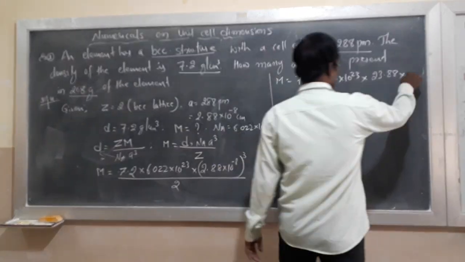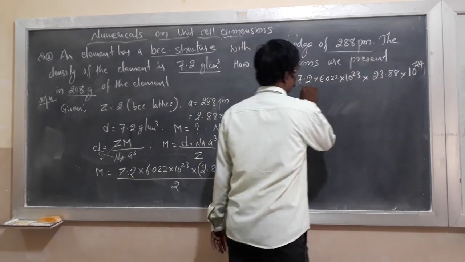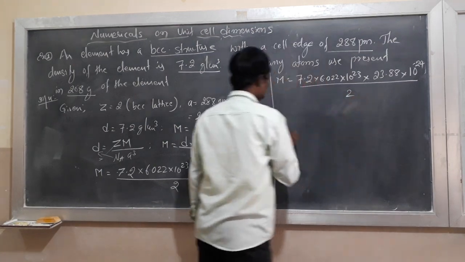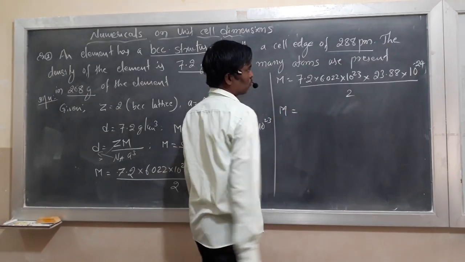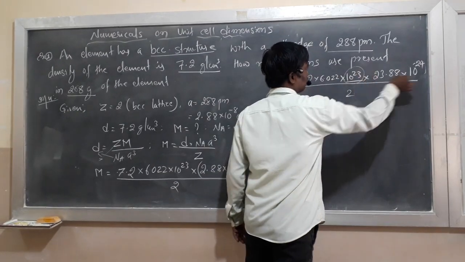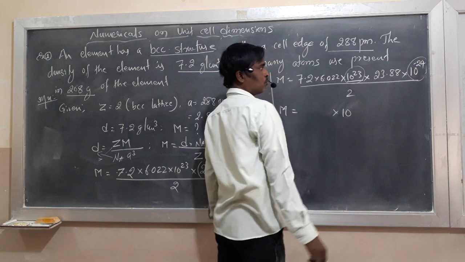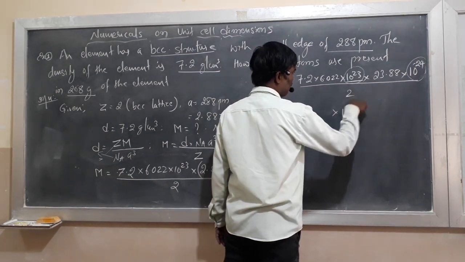So 10 raised to minus 8 whole cube is 10 raised to minus 24, since 8 times 3 is 24. Divided by 2. Now 10 raised to plus 23 and 10 raised to minus 24, I write that as 10 raised to minus 1.